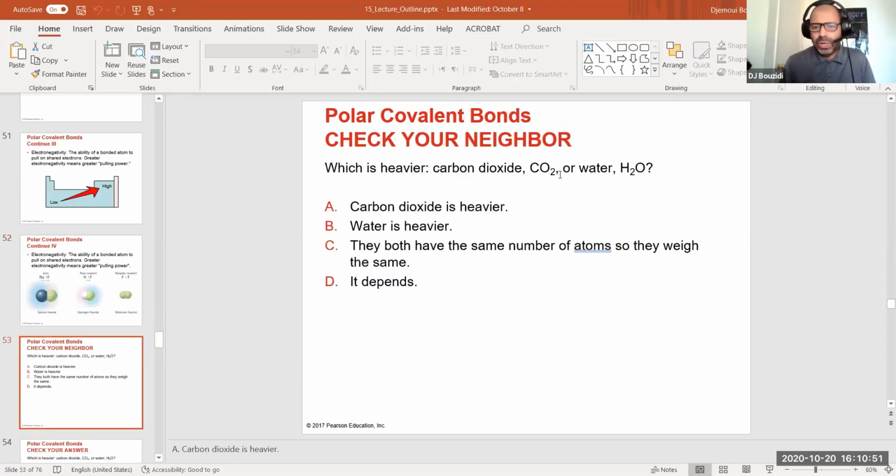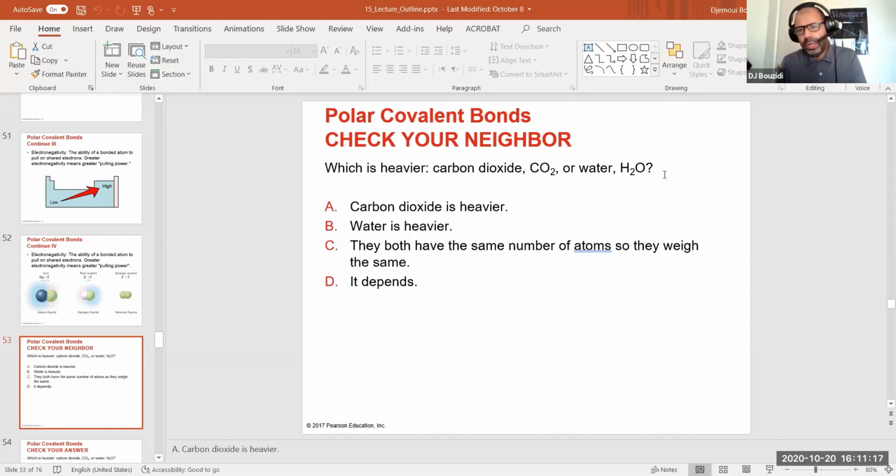Again, this is the question of the day. So which is heavier? Of course, CO2 is definitely heavier than H2O. Carbon is 12, oxygen is 16. 16 times 2 is 32, plus 12, it's 44 atomic mass units, AMUs.